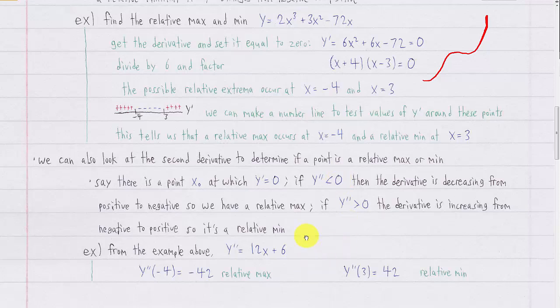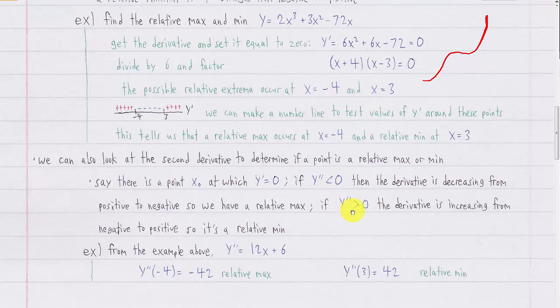Because if you think about a maximum, on a hill, then to the left of it, the derivative starts at positive, and it gets less positive, and then at the maximum it's 0, and then it goes to negative. So the derivative is decreasing on that interval, so the second derivative must be negative.